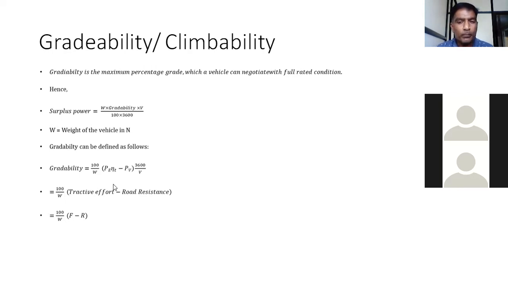Accordingly, we got the final relation: gradability is equal to 100 divided by W, inside the bracket F minus R, where F is tractive effort, whereas R is the road resistance.